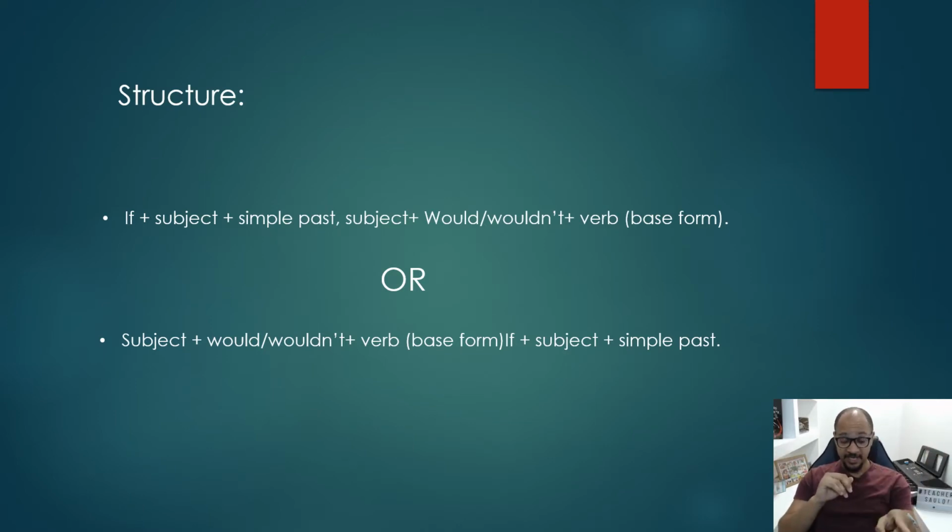So, take a look at the second line here. Subject, would or wouldn't, plus the verb in its base form, and then the if clause: subject plus simple past and a complement if it's needed. So, again, we have two ways to write a second conditional sentence.